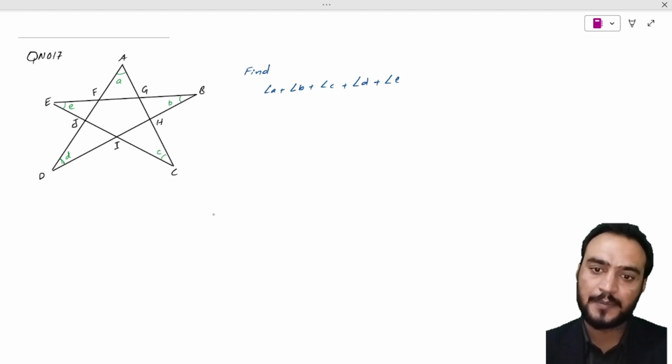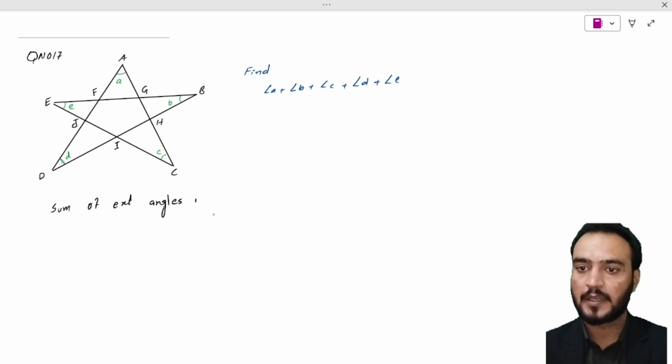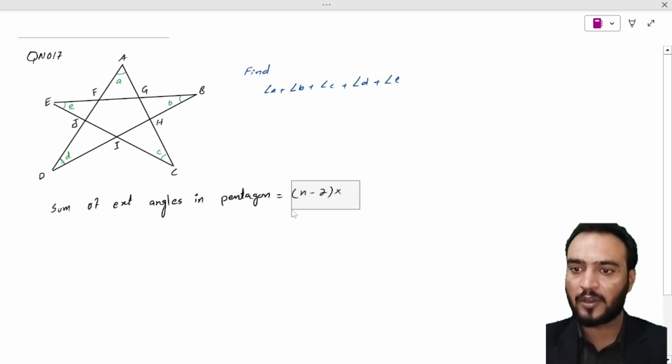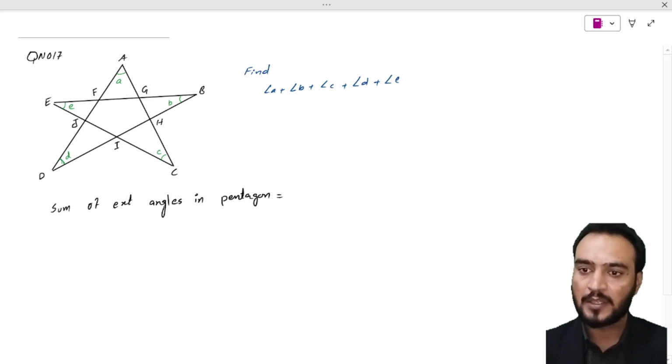The sum of exterior angles in a pentagon is 360 degrees. So the sum of exterior angles is equal to 360 degrees, and the number of sides in a pentagon is 5.